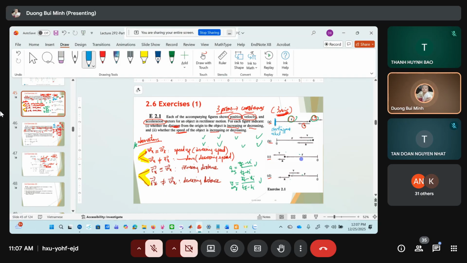The initial point is very important. This one is the origin.